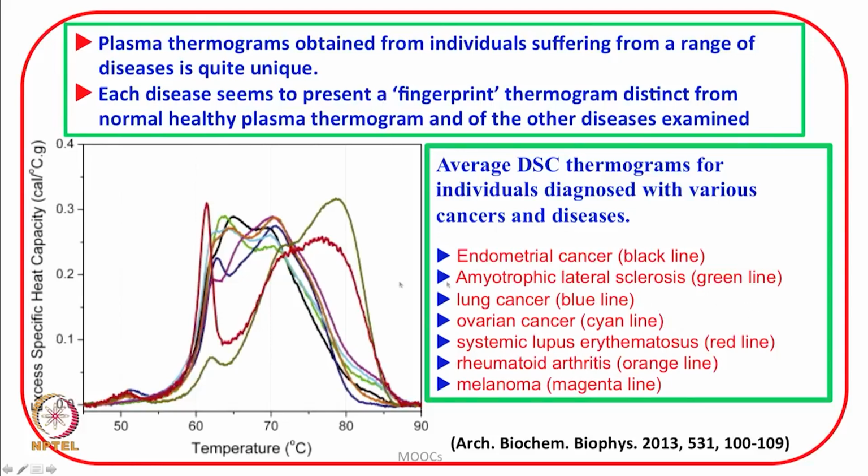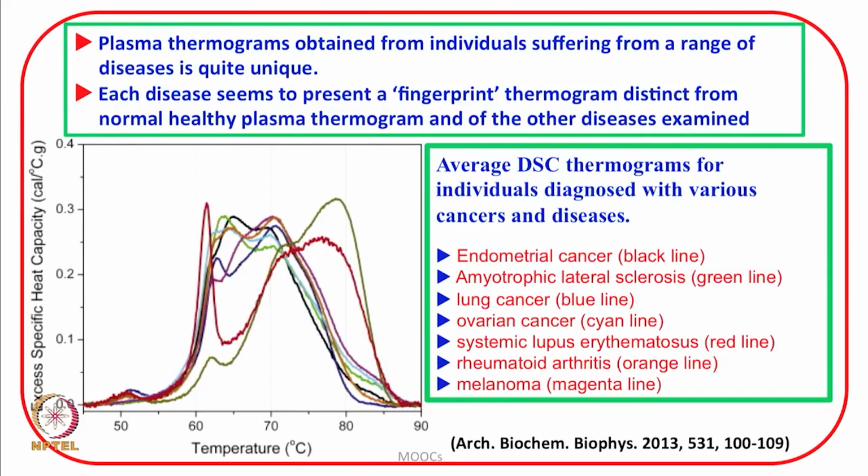The green line represents the thermogram from the people who were suffering with amyotrophic lateral sclerosis, and the sample taken from the humans suffering with lung cancer, the plasma thermogram is represented by the blue line. And similarly, the magenta line is from the human beings who were suffering from melanoma.